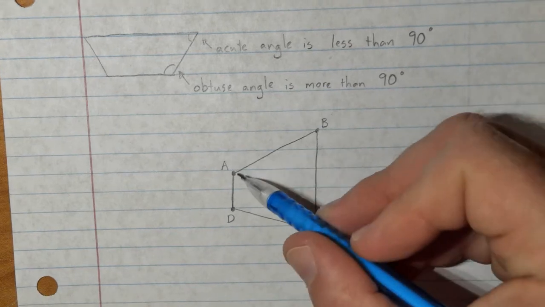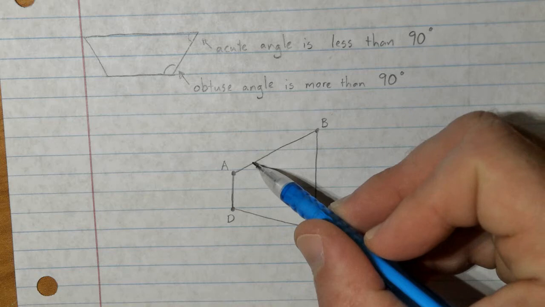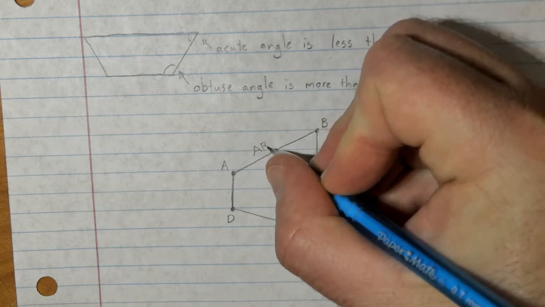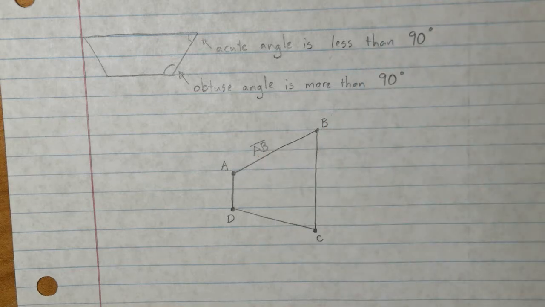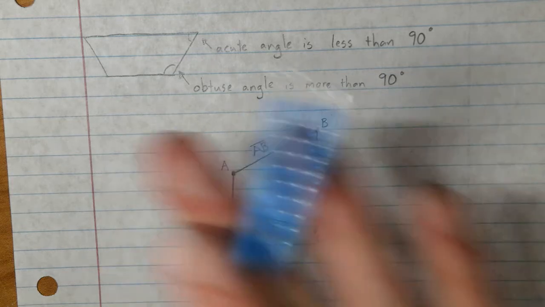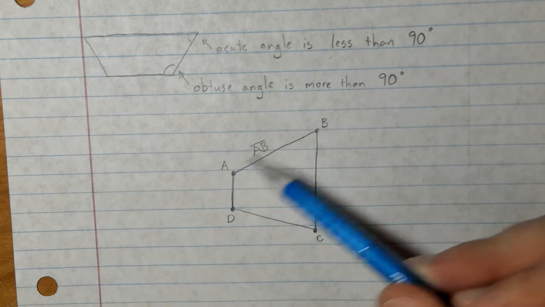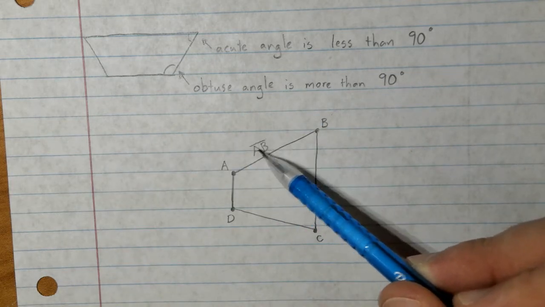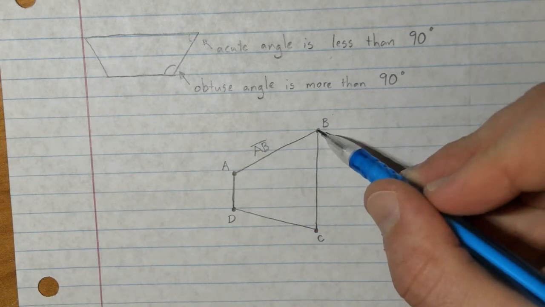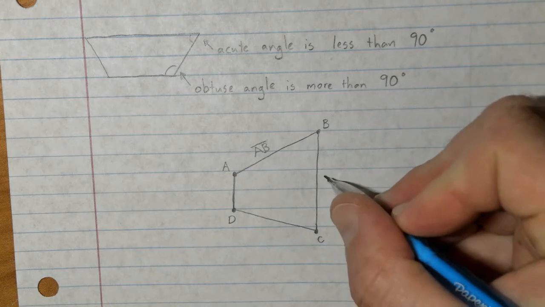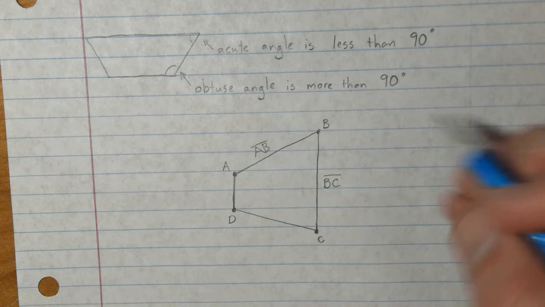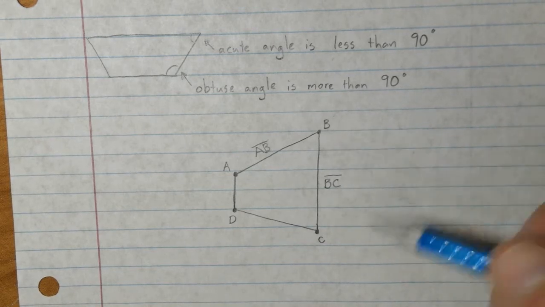Okay. This line right here, we would label as line segment AB. Now, you're not usually going to write it right on the trapezoid. You would put it over here somewhere, but I want you to see the connection. It's basically saying the path between A and B. So this one, the path from this point to this point, would be the path from B to C. This is line segment BC, or side BC.